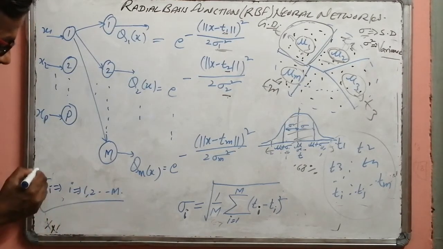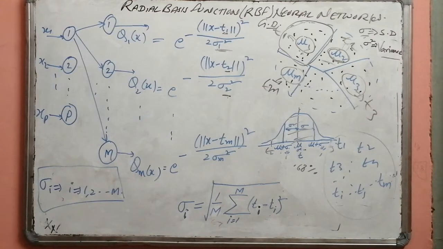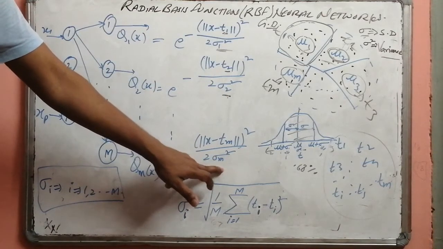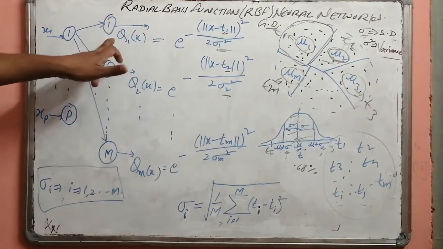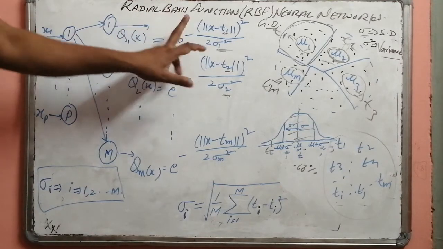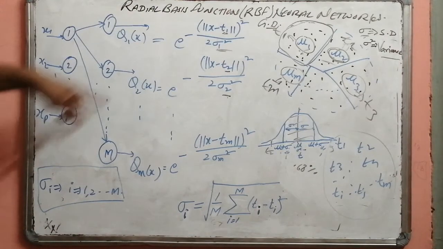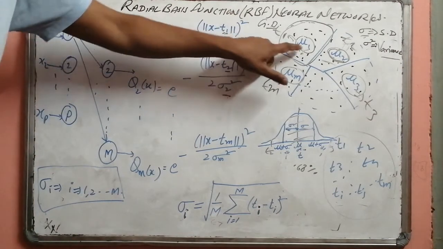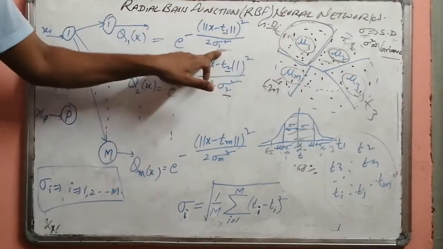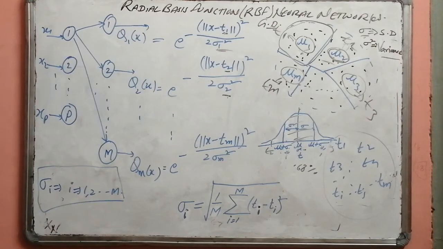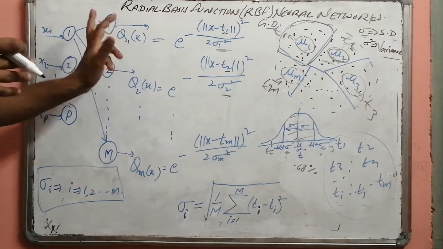In this way we are going to calculate m number of standard deviations, which will further lead to the calculation of variance, that is sigma of 1 square, sigma of 2 square, up to sigma of m square, which are to be used at this layer to produce the output. At this stage we know that x is our input pattern, T1 is the receptor, or the mean of your Gaussian function for the individual cluster, and sigma we have just calculated here. Now we will make use of all these known terms to calculate the output at your radial basis function layer.